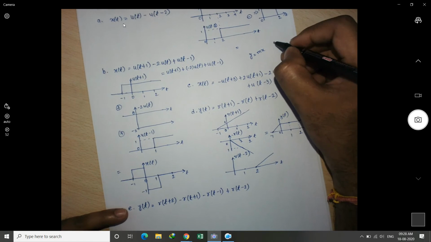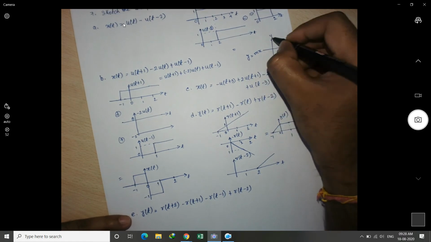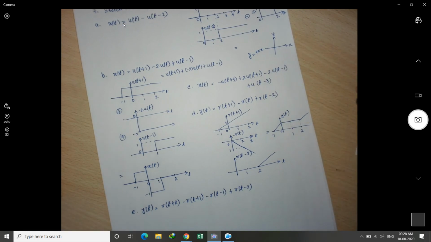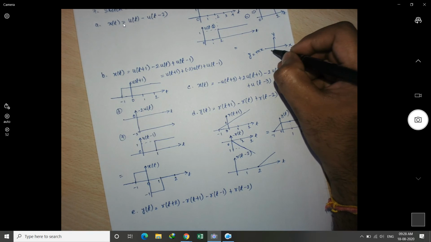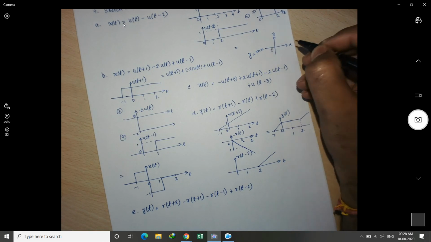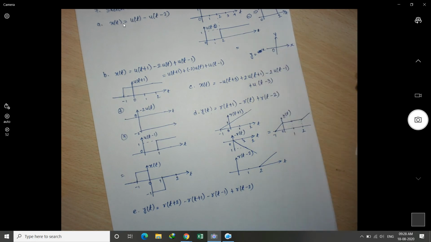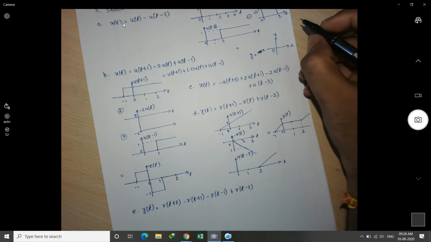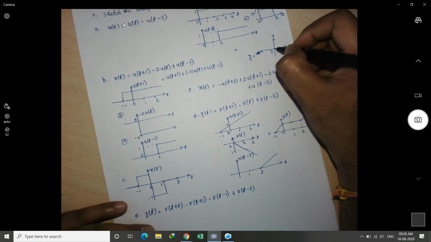If you draw this signal, how does it look? This is y, this is x. If you consider 0, 0. If m equals 1, then y equals x, so 1, 1, right? That one will be like this in the middle.